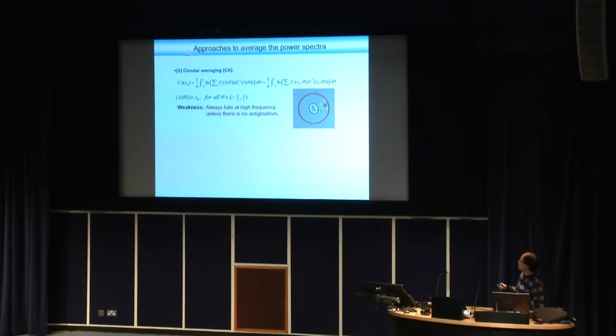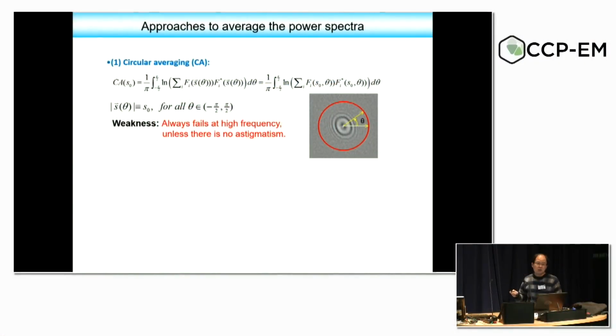So we can improve the validation, like using the circular averaging approach, but there is a big problem with this approach because of the astigmatism. When you average the high frequency information, it's always nothing, and it completely averages out the signal.